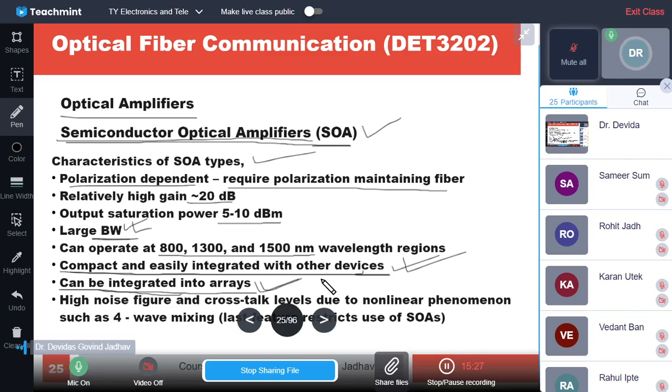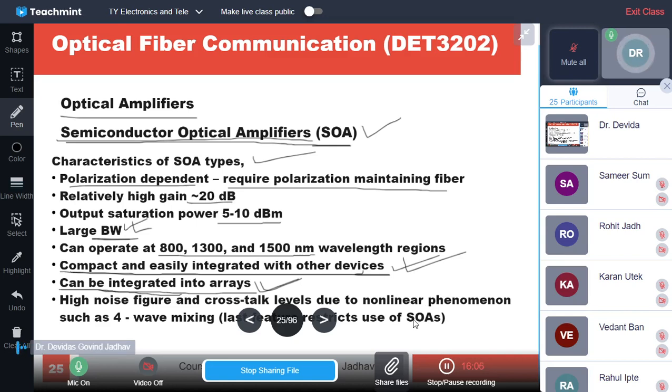If the signal gets connected from one medium to another, it is called crosstalk. It appears in electrical wires, electrical cables and PCB copper tracks, but it is not observed in the optical fiber. So as it is an optical medium and optical semiconductor device, it offers high noise figure, and crosstalk levels due to non-linear phenomena such as four-wave mixing, etc. are least.